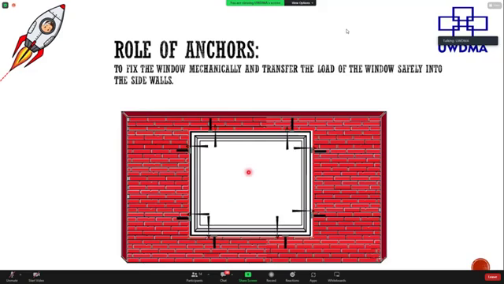The entire load falling on the window will be transferred to the wall through these anchors, through these fasteners. So that's why these anchors or fasteners play a very big role in safety.